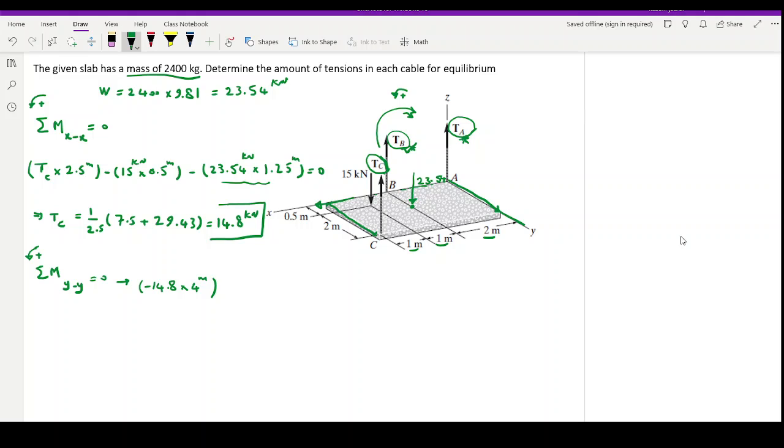But 15 and 23.54 are going to act in the positive direction because they're going to fly in this direction, which is the positive direction that I assumed.